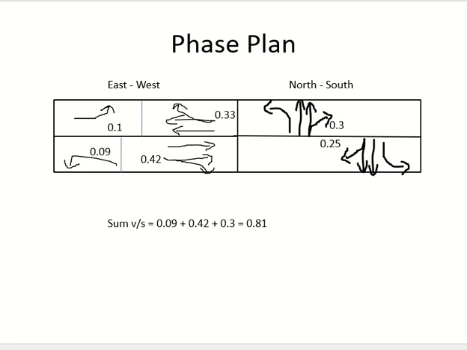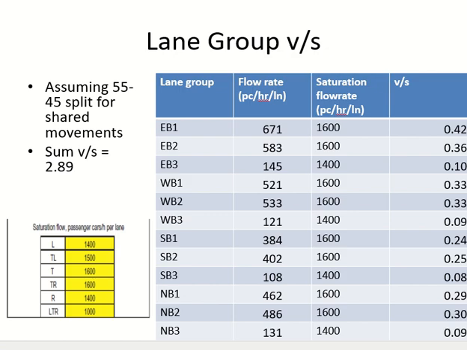So this one is 0.25. Now which one is 0.25? Let's look at it here. Out of these 3, I picked 0.25, the higher one. And same thing for the north side as well.